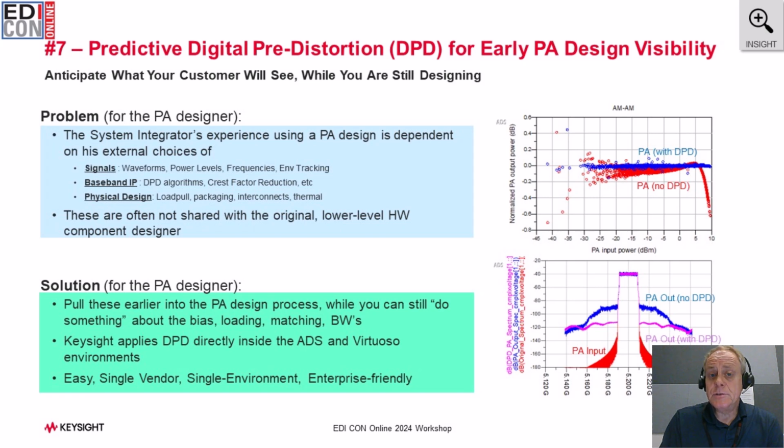Are you going to use the DPD coefficients that come out of the design process really in real life? It's unlikely. Because everyone who does digital pre-distortion does it slightly differently. That's part of their special sauce. But what happens is you as a PA designer can see what they're going to see.